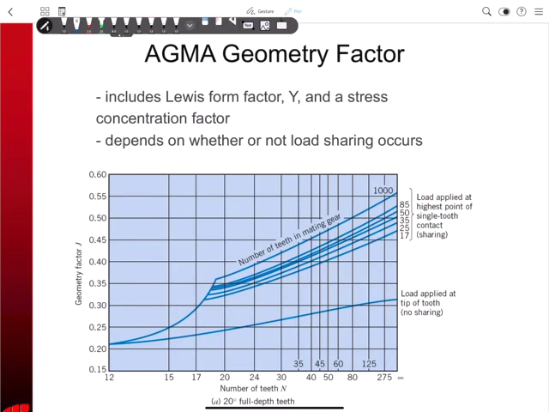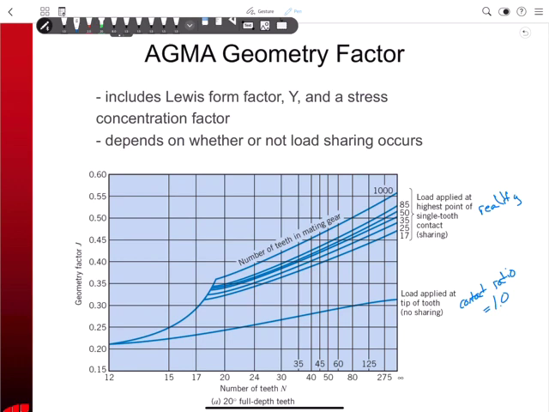So the geometry factor is very similar to the Lewis form factor, but it just includes a stress concentration due to the radius of the tooth root. And so down here we can say no load sharing, so contact ratio, how many teeth are engaged at the same time, equals 1.0, right? And then up here we say, in reality, there is some load sharing.